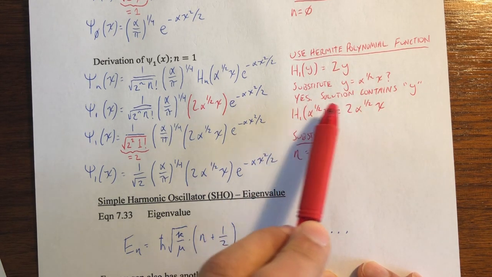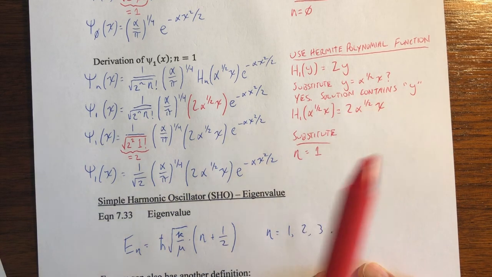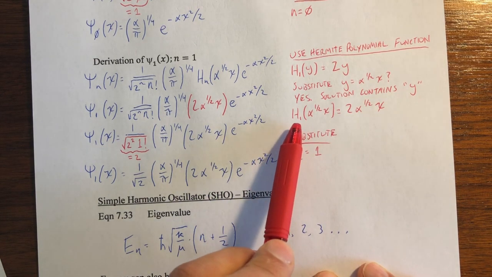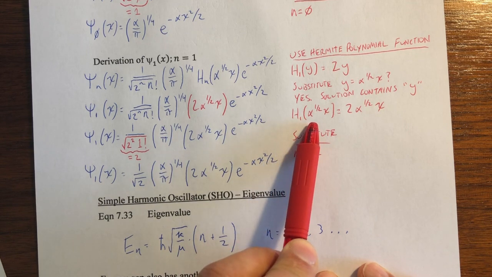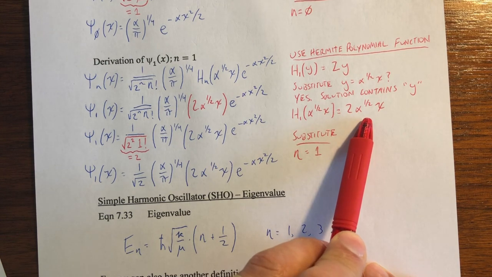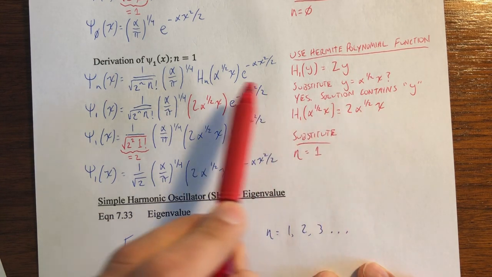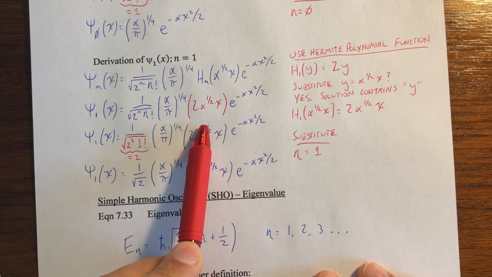Yes, we do, because our solution 2y contains the variable y. So we make that substitution and we get that h sub 1 of alpha raised to the 1/2 x is equal to 2 times alpha raised to the 1/2 times x. And so we plug that in for our Hermite polynomial function, and we get this expression here in parentheses.